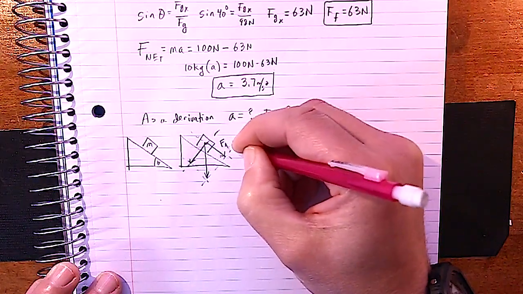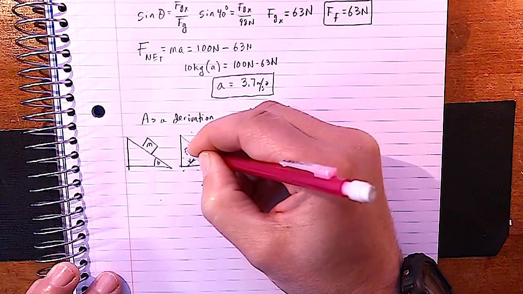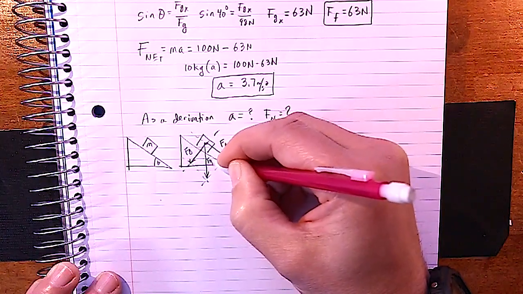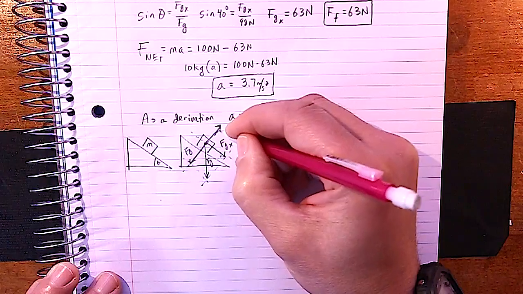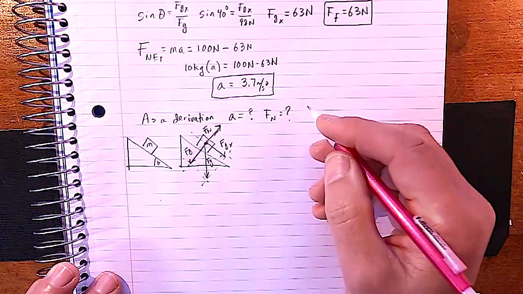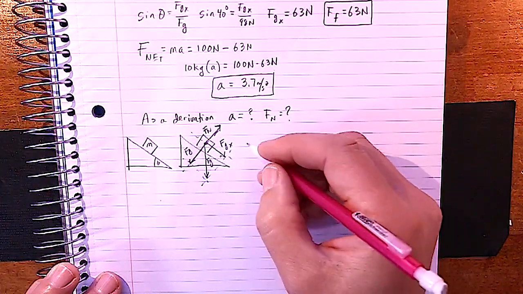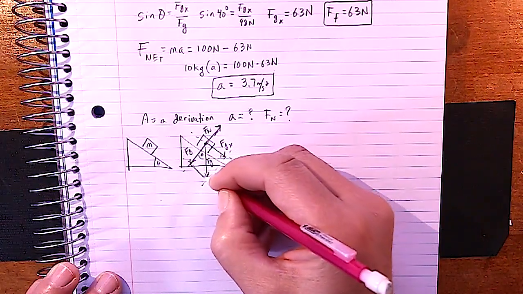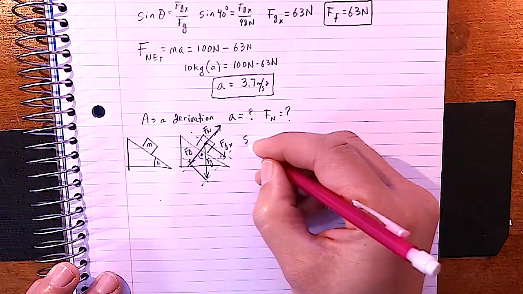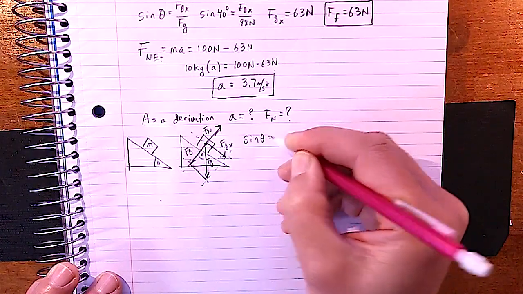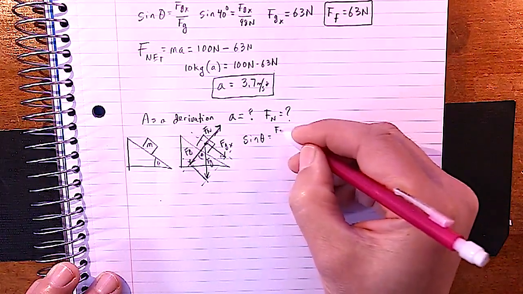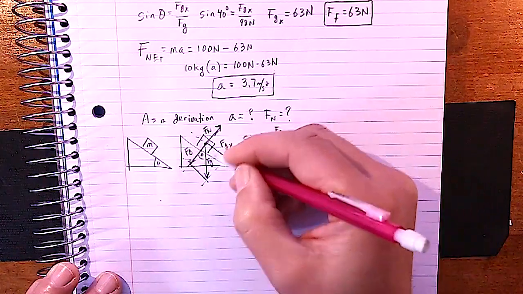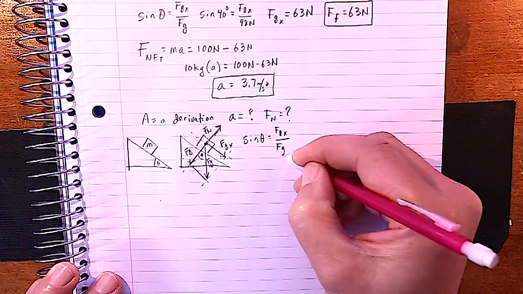So here's our FGX and our FGY and our FG. And then we also have our force normal. And we're going to do this with no friction. So what is our FGX equal to? Well, it's equal to this opposite side. So we do sine theta equals opposite FGX over hypotenuse, which is FG.